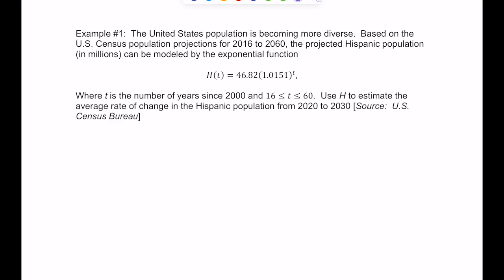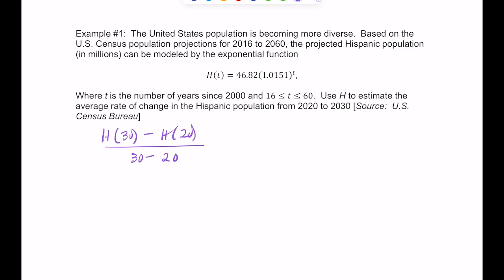So we're looking at this one interval and we're trying to determine the slope basically of the line that would pass through those 2 points on that curve. So the way we're going to do that is we're going to take our function and find h of 30 minus h of 20 over 30 minus 20.